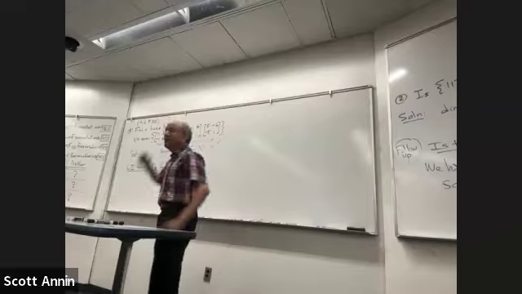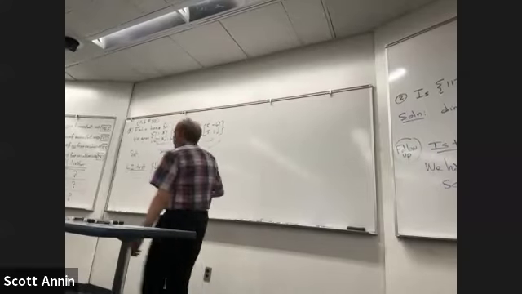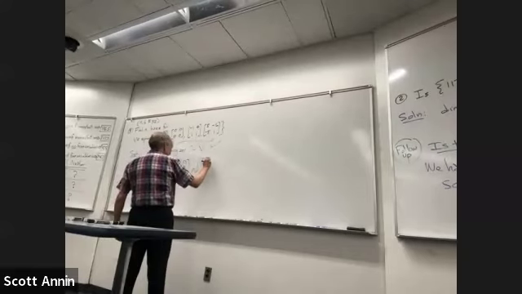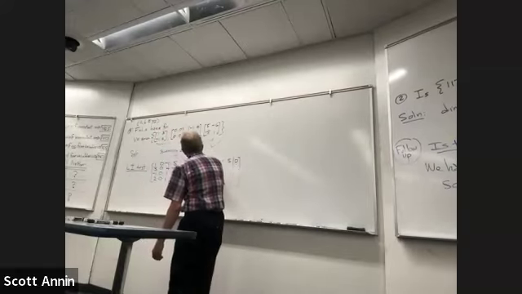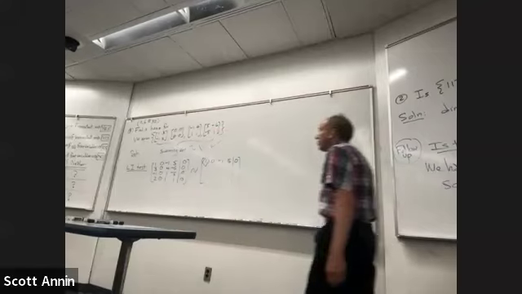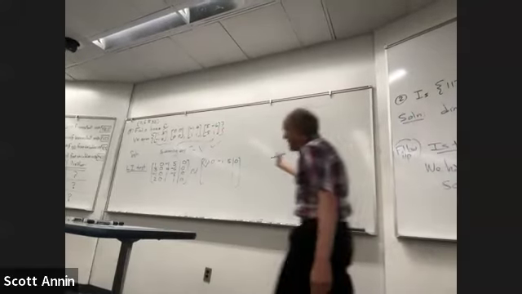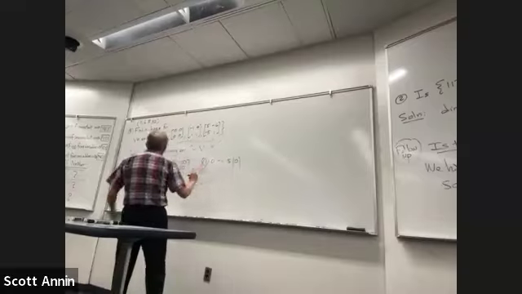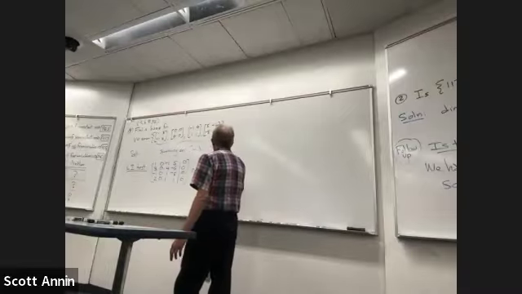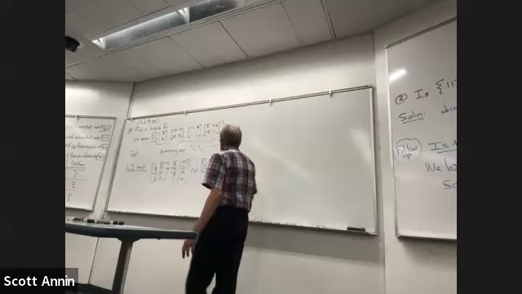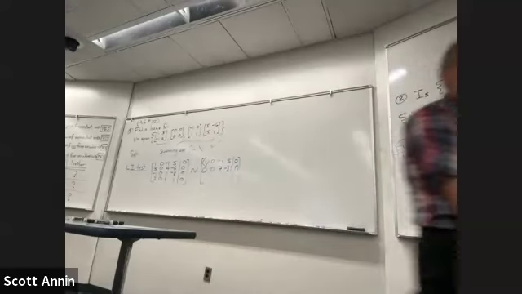Keep in mind, I'm doing one of your homework problems for you right now, so you're all going to get this one right, I hope. So here's the first ERO. I'm just going to put my pivot on that first upper left corner. If I take -3 times the first row and add that to the second row, I'm going to get 0, 0, 7, -21, and 0.